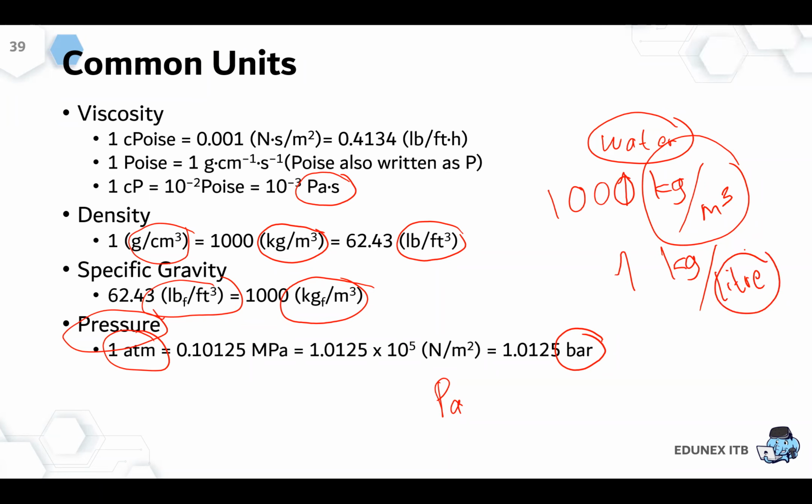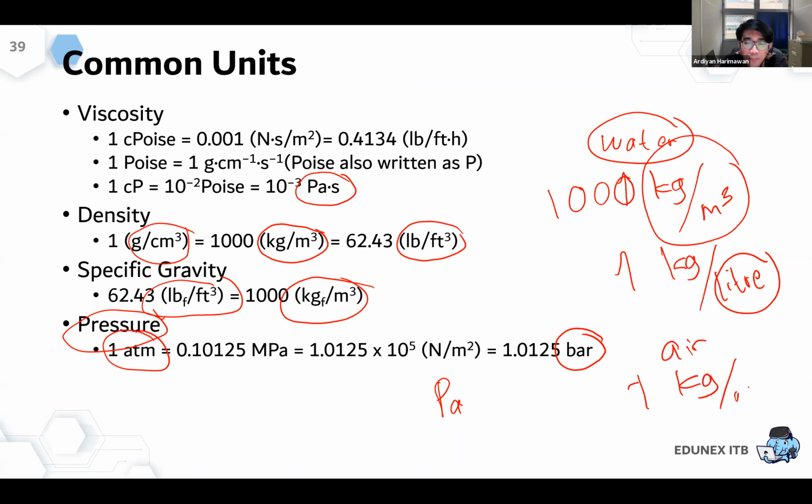Oh yeah, sorry. That's why you need to start to have a sense of the units. This roughly depends on what is contained in the water. But roughly, if we want to estimate the density of water, it is around 1 kilogram per liter, or 1,000 kilogram per cubic meter. But for air, it's around 1 kilogram per cubic meter.